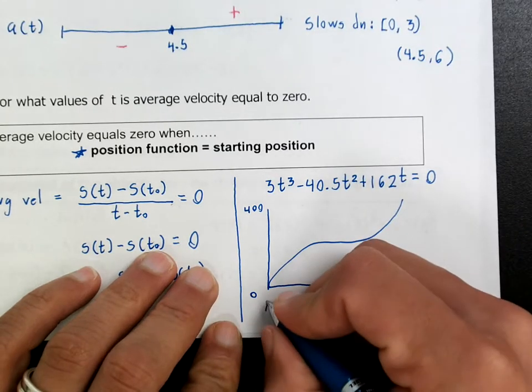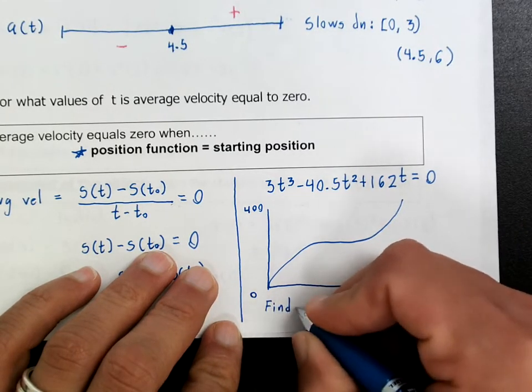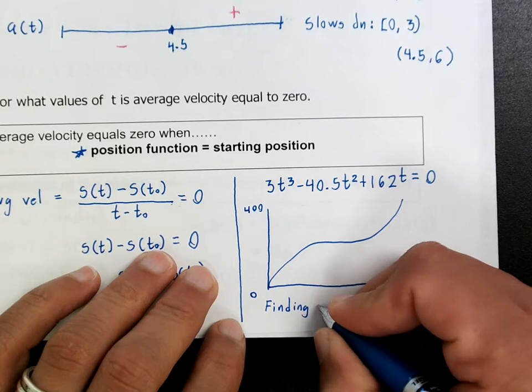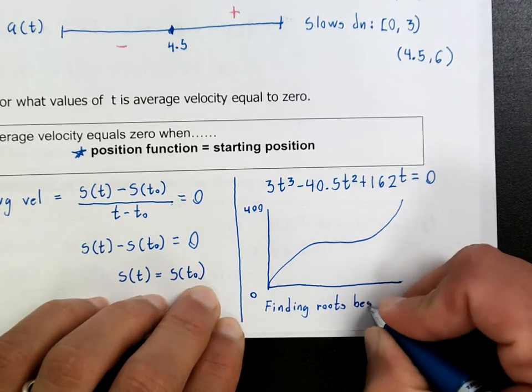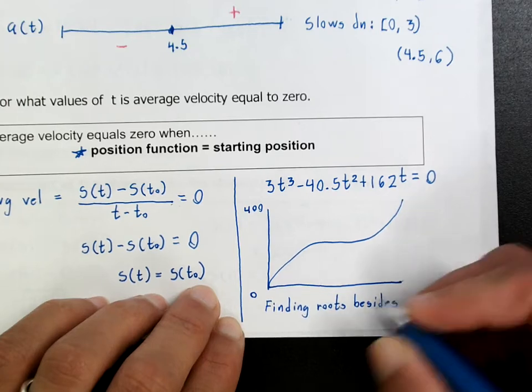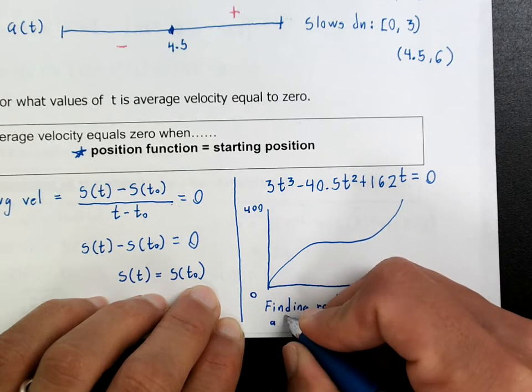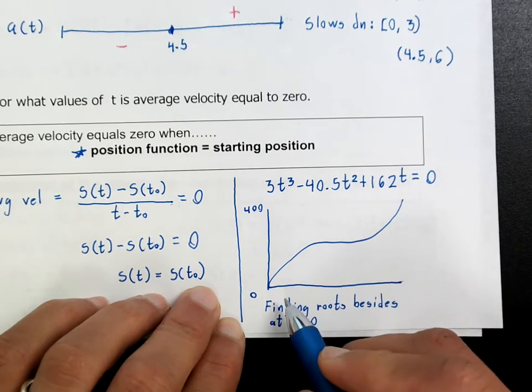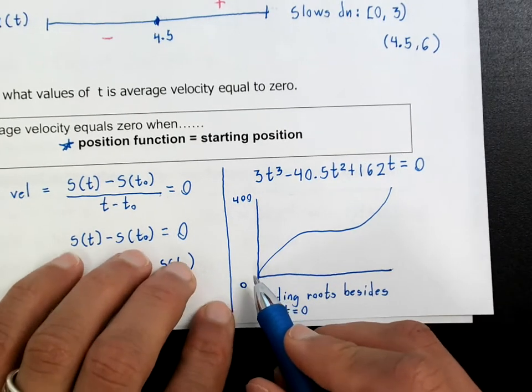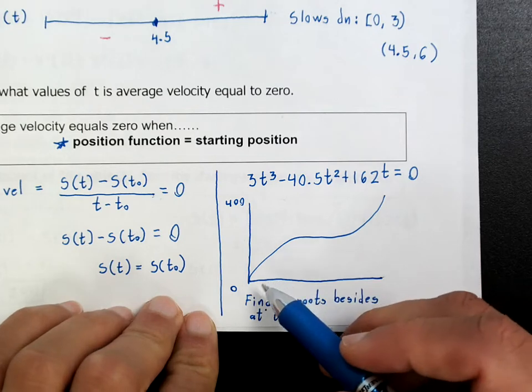I'm trying to find the roots, besides t equal to 0. I know there's a root right there, because that's where my initial position happened.